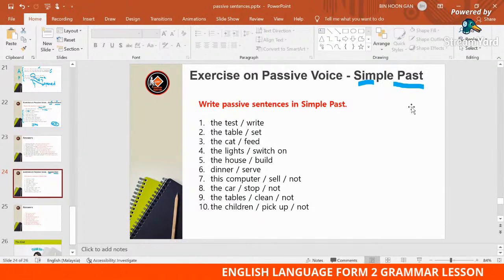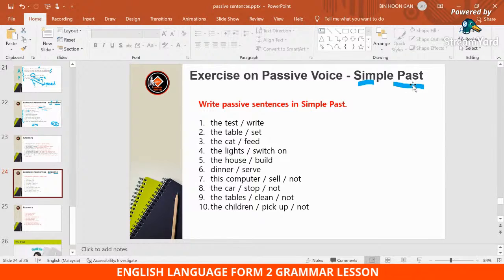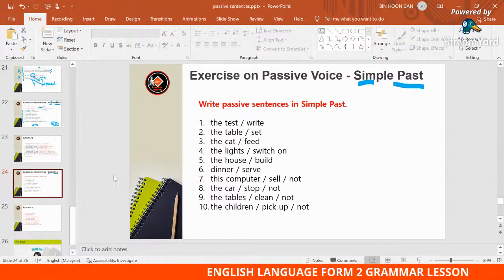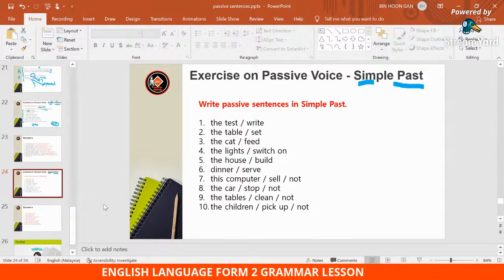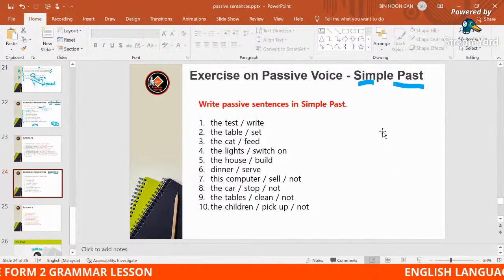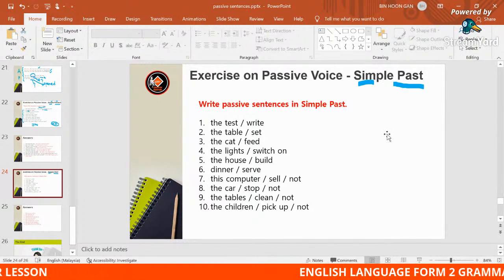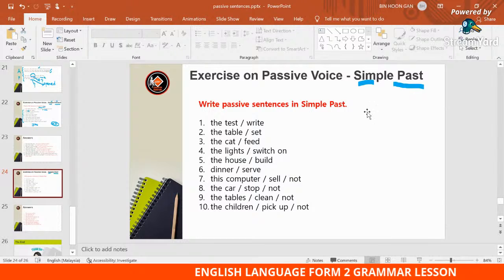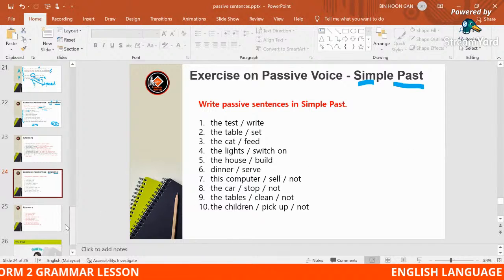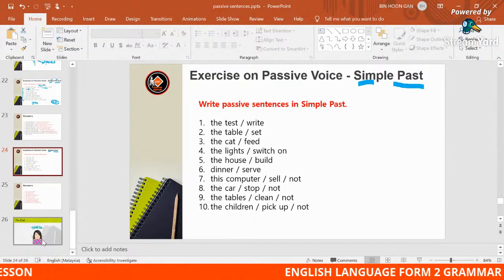Please remember that simple present and simple past for passive sentences or voice is very important. You must know how to write before you go to Form 3 next year. When I'm teaching Form 3, compared to your Form 2 class, where we did conditional tense and also the subject verb, many of you can answer correctly, but not my Form 3 class. About 40% could answer only for the subject verb.